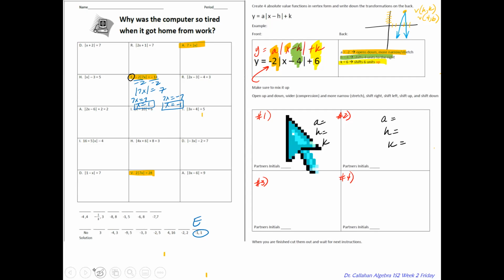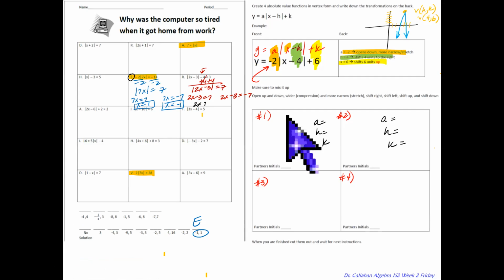Next, let's take a look at letter R. Notice that you have a number out here, so let's get rid of that number before you split it. The absolute value of 2x minus 3 equals 3 plus 4, which is 7. Now I can split it. 2x minus 3 equals positive 7. 2x minus 3 equals -7. You want to add the 3 on both sides.